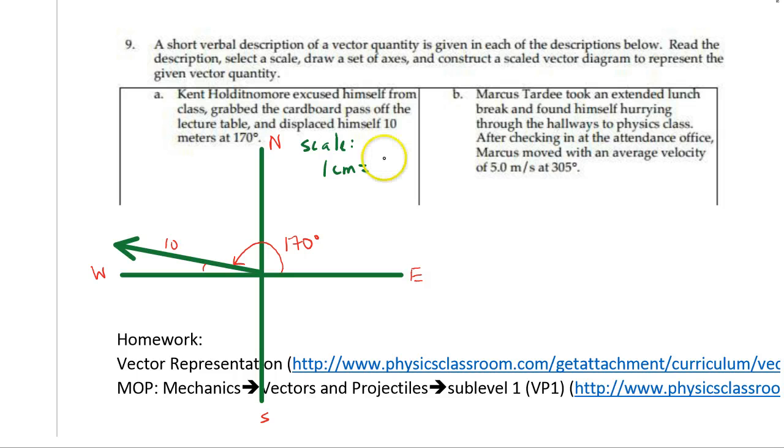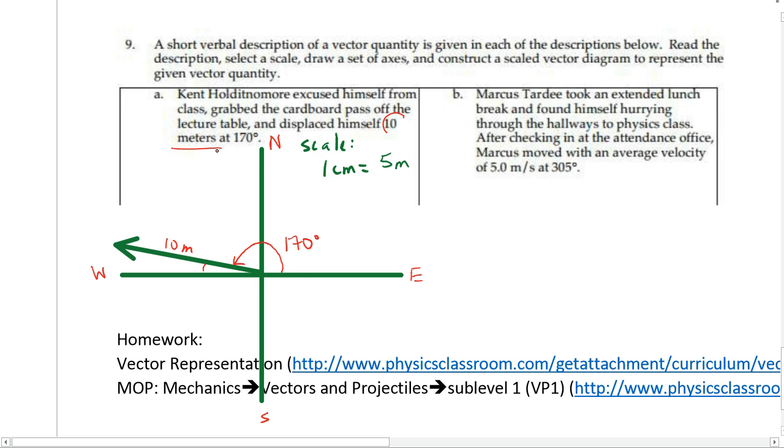So what if I say 1 centimeter equals 5 meters? Okay, so then this line in real life should be 2 centimeters long, right? So you get your ruler out and you make sure it's about 2 centimeters. I don't label it as 2 centimeters, however, I label it as 10 meters because that's what it represents. Okay, so just to be clear, when you label this, you don't label this 2 centimeters, you label it whatever this vector was.